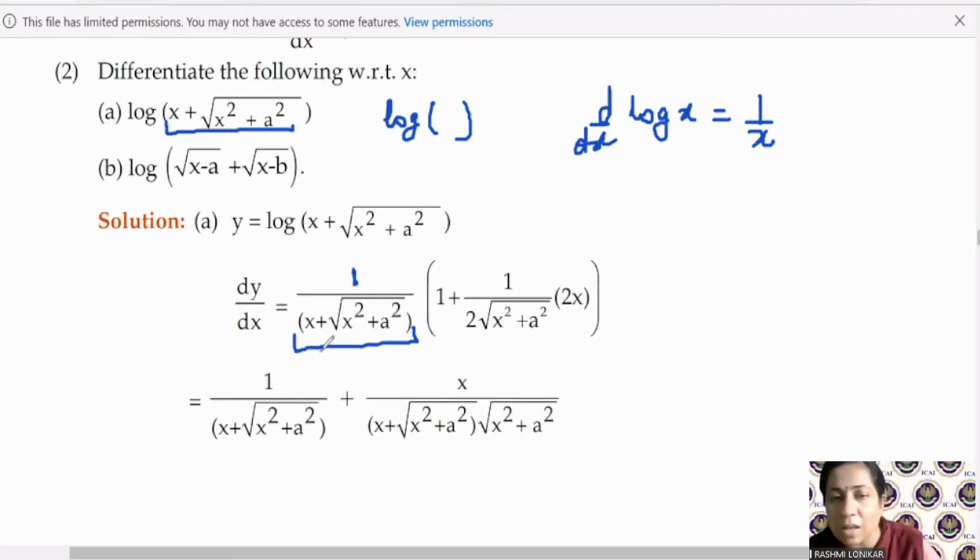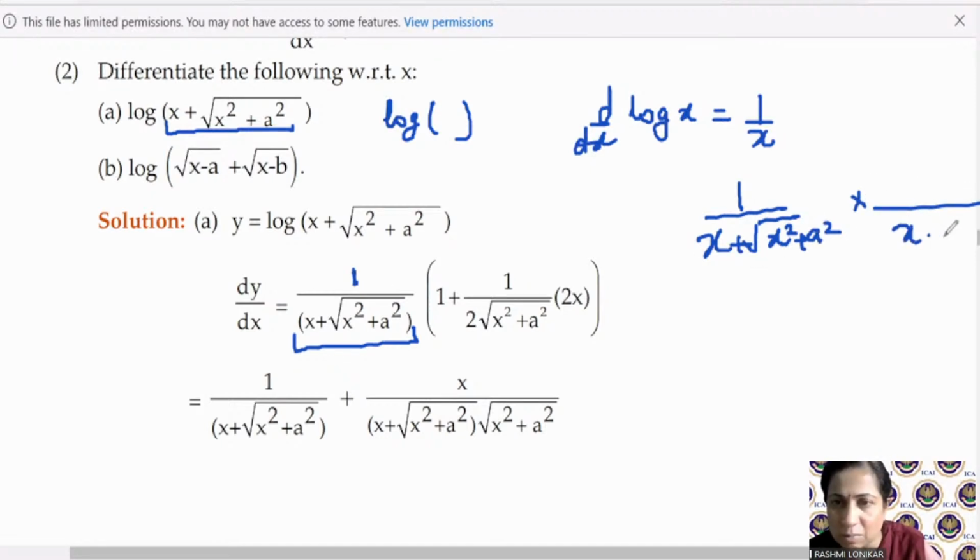So this is again finding the derivative. You get 1 plus 2x upon 2 under root of x square plus a square. You can use this 1 upon x plus square root of x square plus a square and multiply it, because you have to simplify the denominator.